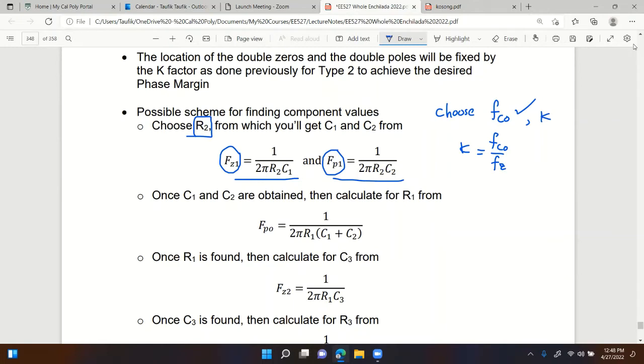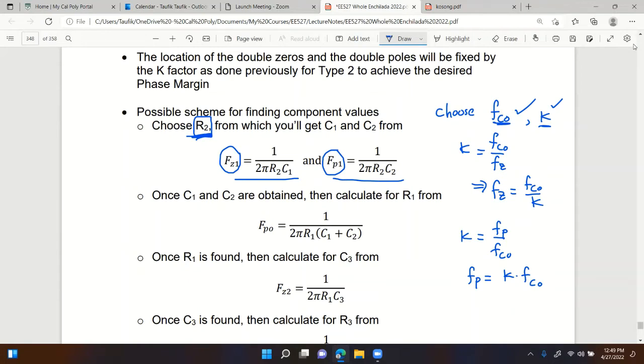From here you get the desired FZ, so FZ is equal to FC naught divided by K. Likewise, K is also equal to FP over FC naught. If you already picked K, then you know that FP, the frequency of the poles, must be K times FC naught. So choose these two, and then you also choose R2. So choose 3 values: crossover frequency, K, and R2.